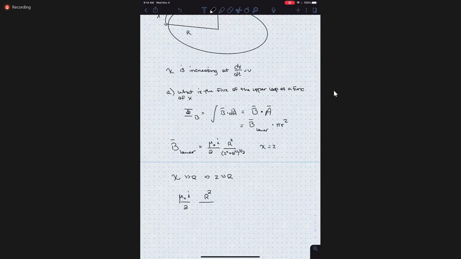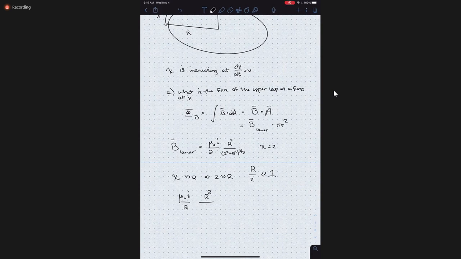So if z is much greater than r, then r over z is much less than 1, right? I just rewrote this inequality in terms of a ratio.